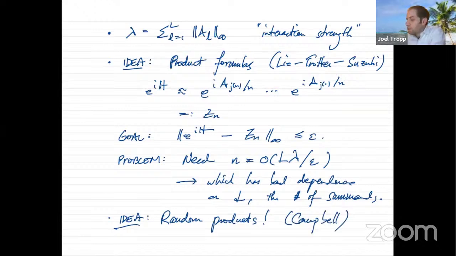But the idea now is that instead of using deterministic choices of these A's, these little baby matrices, and trying to use them to build up the true unitary matrix here, we're going to choose random A's cleverly and hope that we don't need as many of them.